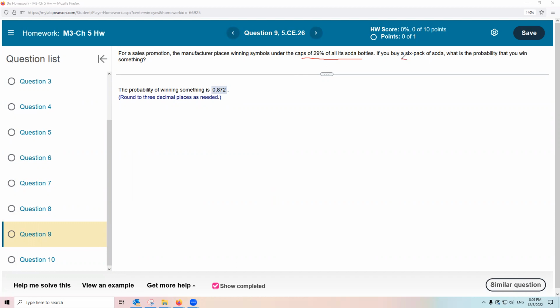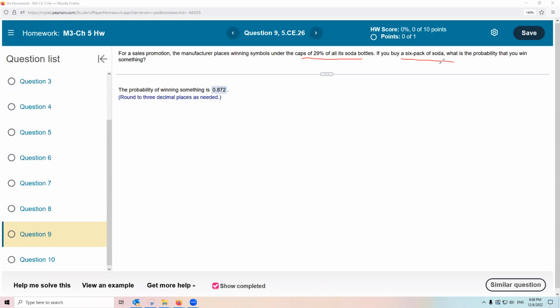Let's say you buy a 6-pack of soda. What's the probability that you win something? Well, really what this is asking you is you might win based on one bottle out of the 6-pack. You might win based on 2 bottles, right? 2 caps might be winners, or 3 caps, or maybe all 6 caps are winners. That's pretty unlikely, but it's possible.